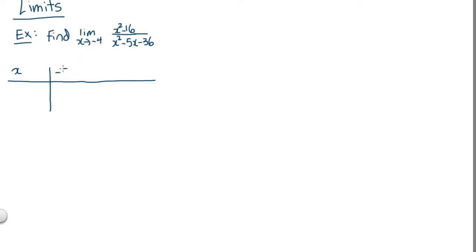So for example, we could start at -5 and then move to -4.5 and then maybe to -4.1. So close to -4, and as we move to the right, we're getting closer and closer to -4. Now for each of these x values, let's take them and plug them into this function here.